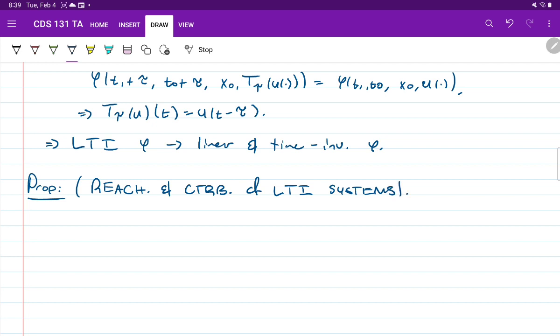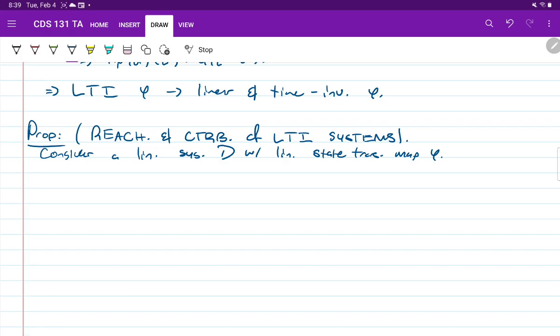Okay, great. So I'll say consider a linear system D with linear state transition map phi. Okay? So first I'm going to declare some sort of condition about linearity. All right? So it turns out what we can show is that, one, our ideas of reachable events actually respect some sort of linear structure, okay?